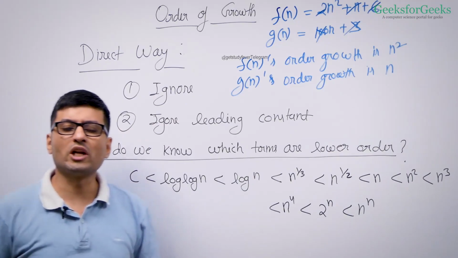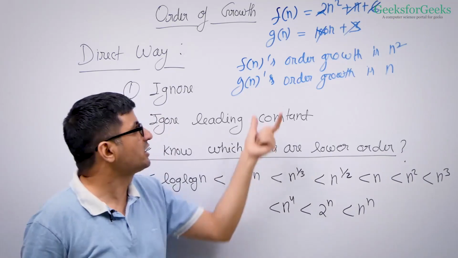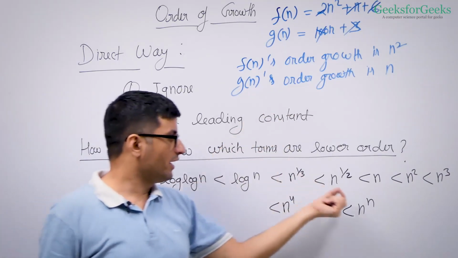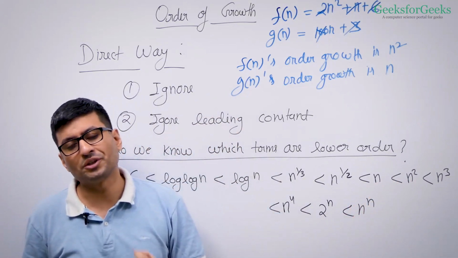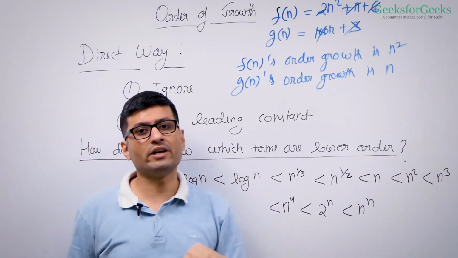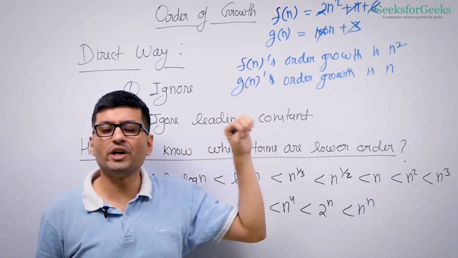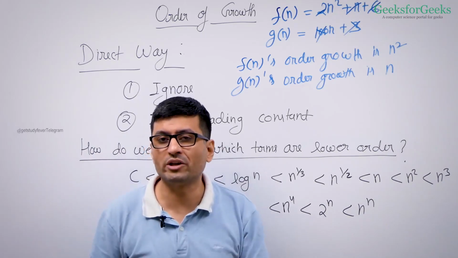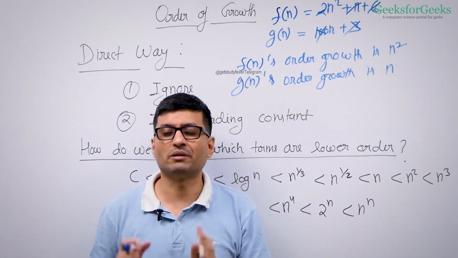Now if there are two algorithms and they have these times taken by them, then you definitely say that Gn is better because n is less than n square. The time taken by Gn is going to grow slowly when n grows, and we are talking about n tends to infinity. So that's the general idea, the direct way to find out the order of growth. Ignore the lower order terms, ignore the leading constants, find out the order of growth and simply compare them.